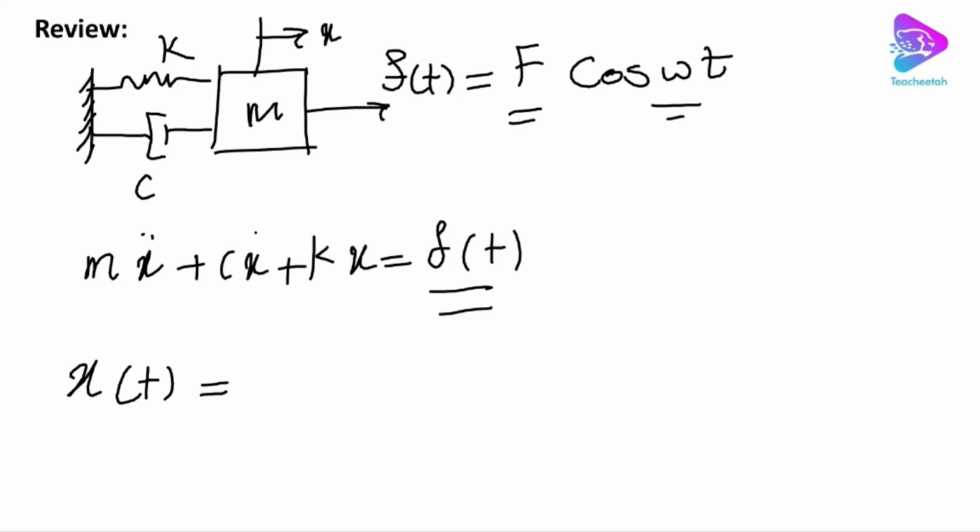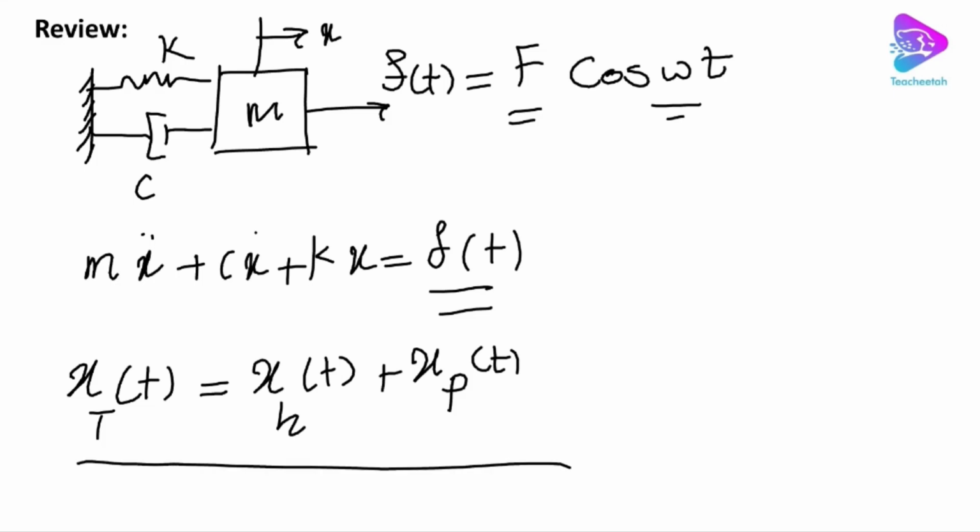In terms of the differential equation, we write x_h, which belongs to the homogeneous part, plus x_p, which is the particular solution, and we call it x(t), the total solution. This is the representation we use for the total solution of the system.